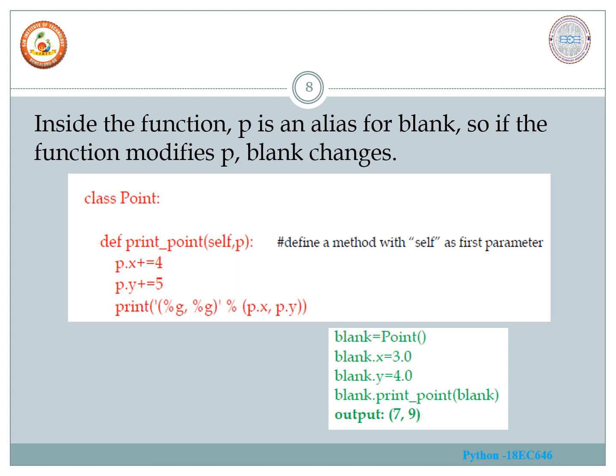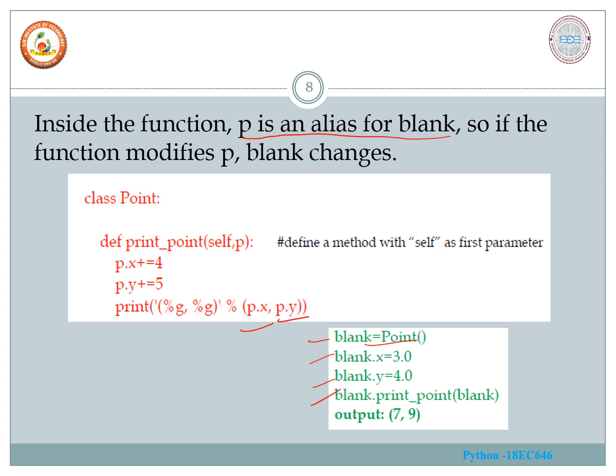Now this is one more where, as I told you, p is an alias for the blank. So whenever you are using p.x and p.y, it is pointing to the blank, right? Because blank is nothing but a point, and the variables have the coordinates 3.0 and 4.0.